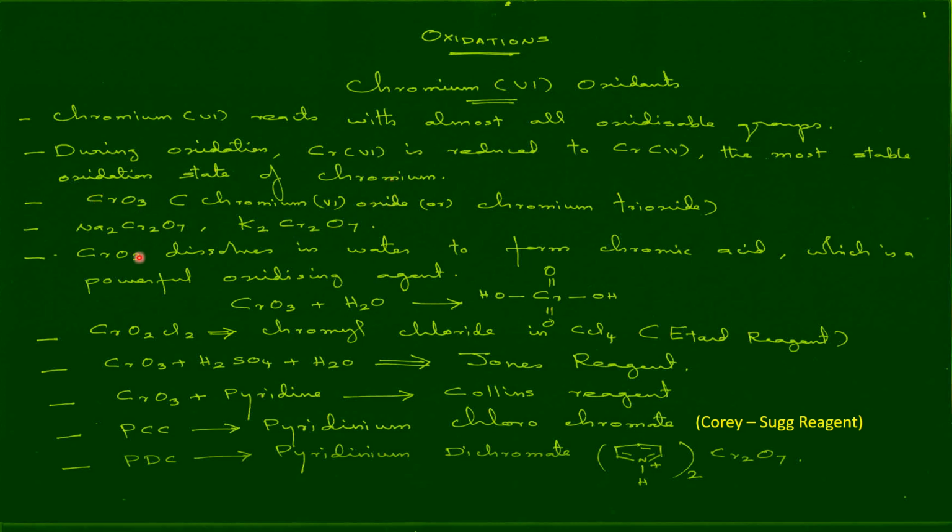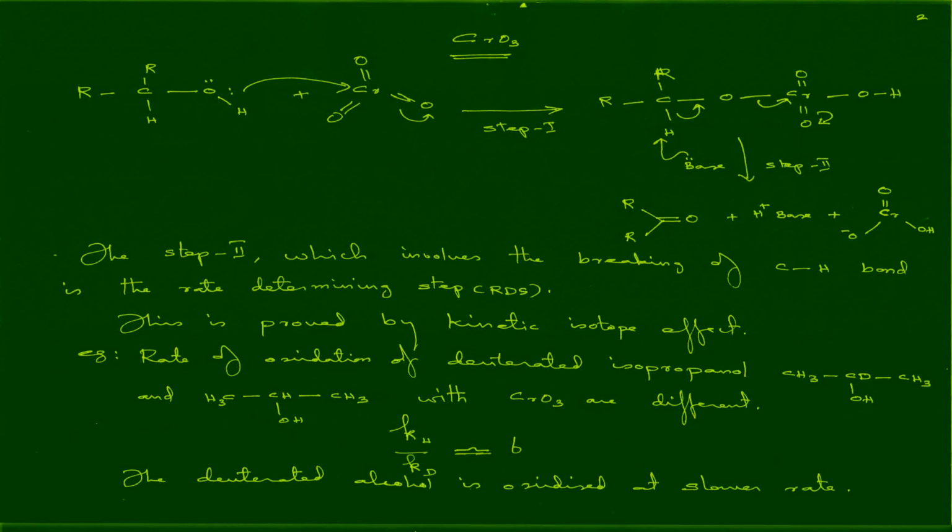Chromium 6 oxide, sodium or potassium dichromate, chromic acid, chromyl chloride in CCl4, which is known as Etard reagent, chromium 6 oxide with sulfuric acid known as Jones reagent, chromium 6 oxide with pyridine known as Collins reagent, pyridinium chlorochromate, and pyridinium dichromate are some of the chromium 6 reagents used for the oxidation of organic molecules.